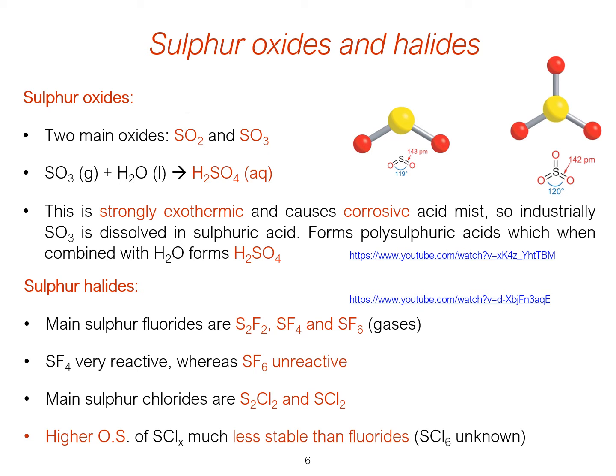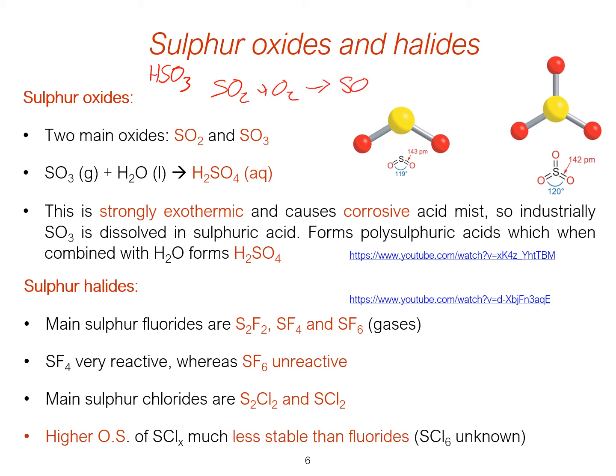SO2, if you react it with water, doesn't make sulfuric acid. That actually makes sulfurous acid, H2SO3, which isn't what we want. But SO2 will react quite slowly with oxygen to make SO3, which, as we said, can be reacted with water to get sulfuric acid. So this is just SO2 with some oxygen going to SO3.